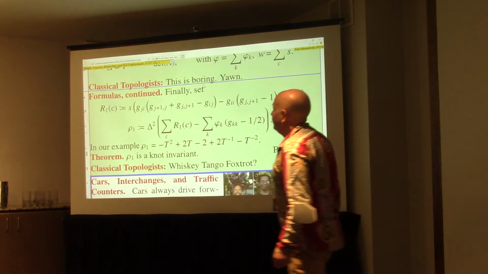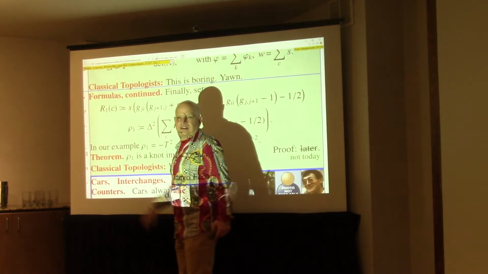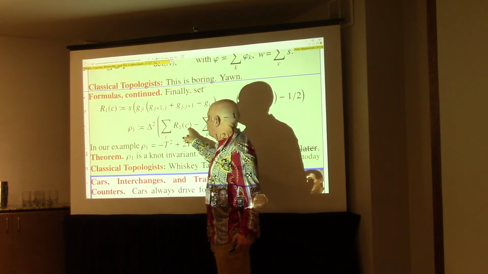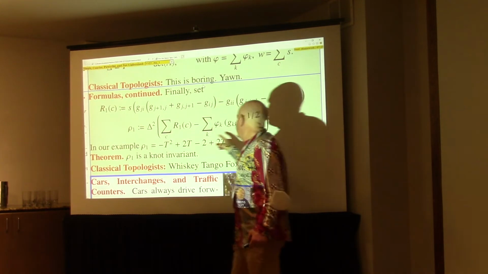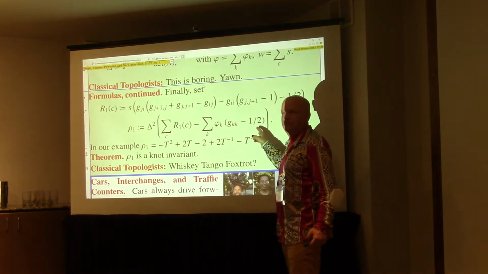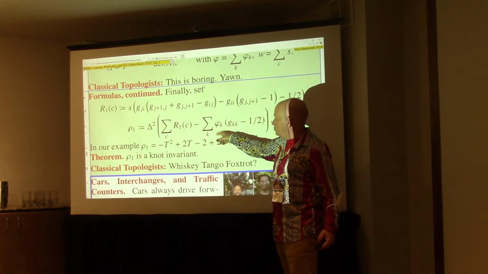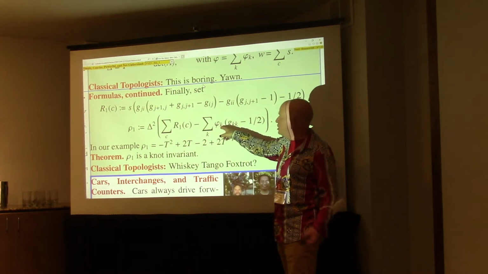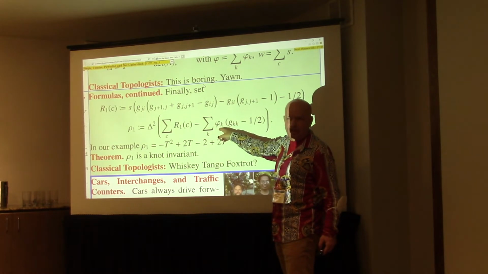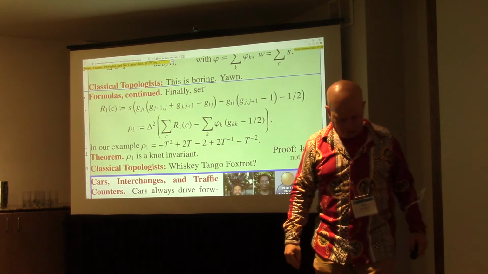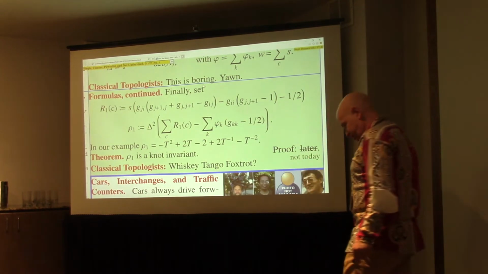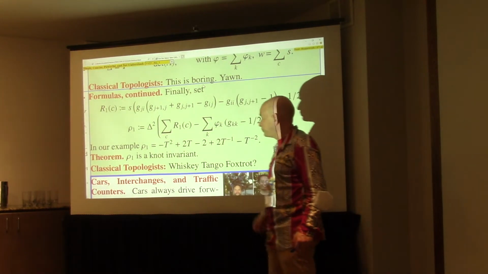And then you define rho 1 to be the sum of R1 of C's over all the crossings of the knot, minus a correction term, so minus the sum over all the edges of the knot. For each edge you take its rotation number and multiply by another entry of the inverse matrix there.